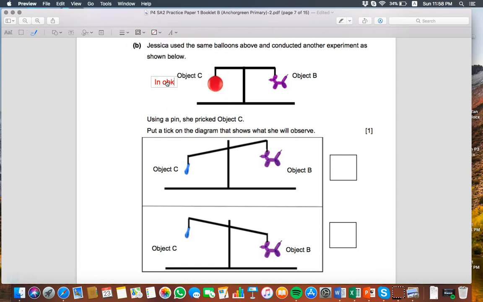There is air, right? So when you prick object C, what will happen to the air? Air would escape.